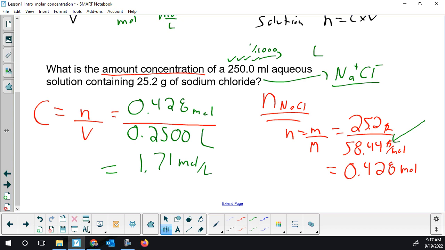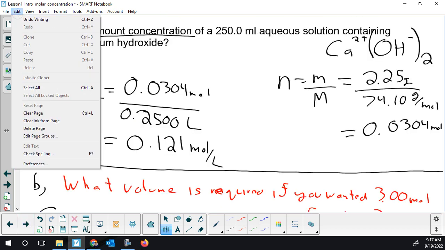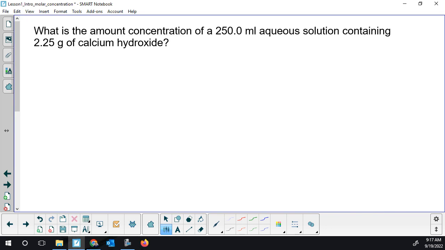So this one had that 1-to-1 sodium chloride ratio. Hopefully it'd go fairly well when you do this on a test or quiz. The second one is the one you really need to write out that formula. So what's the amount concentration?